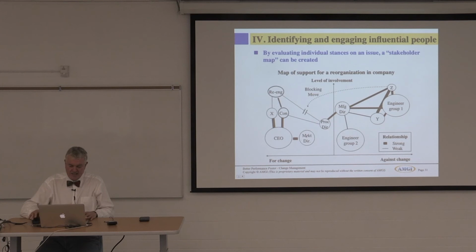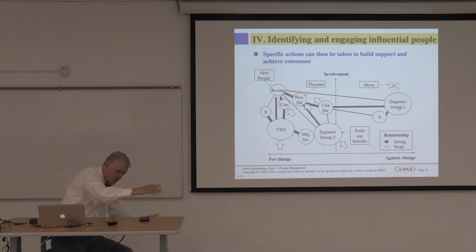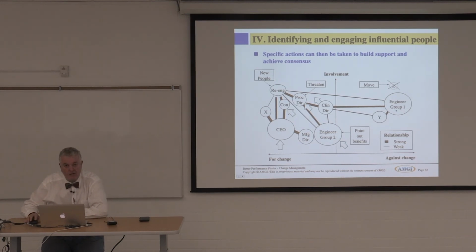But the bottom line is, unfortunately, if you want to make this work, you may have to remove this executive Z. You've got to work out how that gets done, but once that's done, specific actions can then be taken to build support and achieve consensus. It's incredible how the whole thing just changes once you remove a blocker.